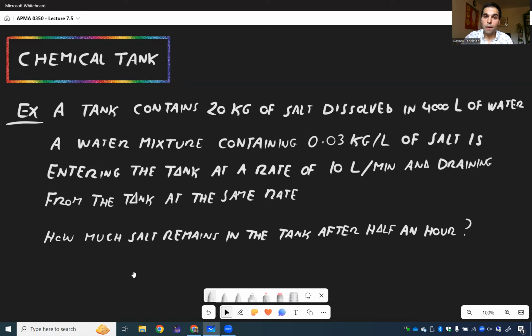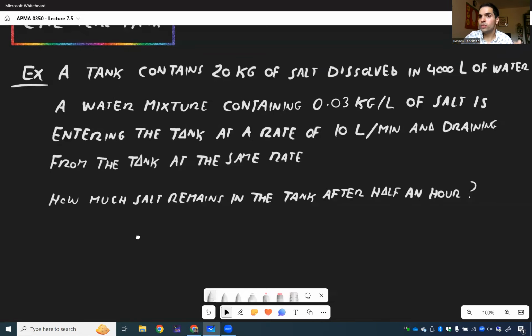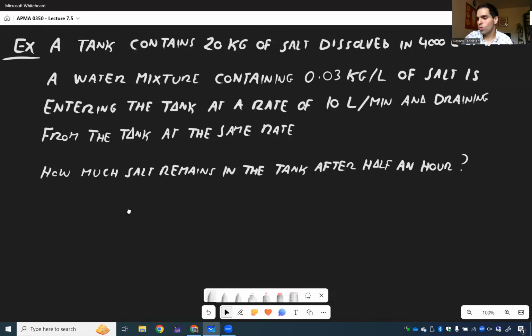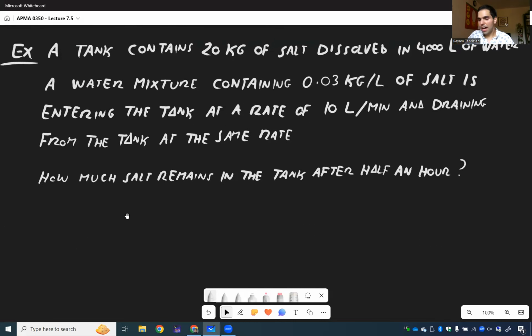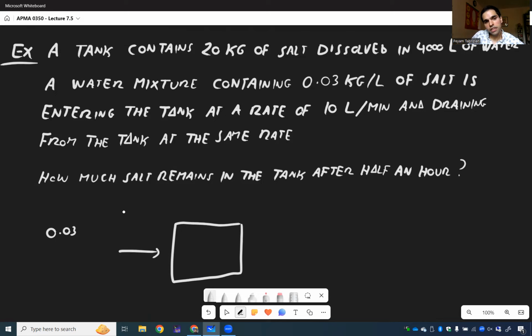As usual, a picture says 1,000 words, so that is very useful in word problems. So you have this tank like this. And we know that into the tank comes a salt mixture of 0.03 kilograms per liter at 10 liters per minute.